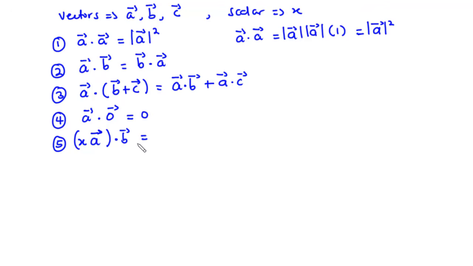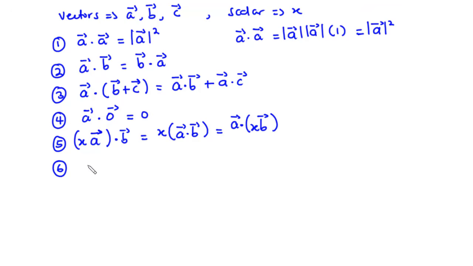We can choose to find the dot product of A and B before we multiply that by the scalar, so that can be expressed as the dot product of A and B, times x. Or better still, we can choose to multiply vector B by the scalar so that we have xB, and then we find the dot product of vector A and vector xB. Now let's move on to 6.